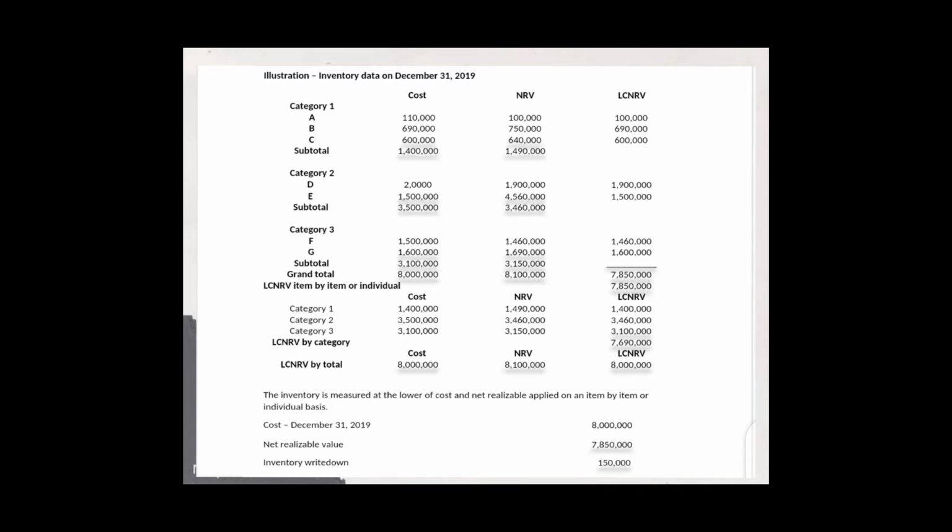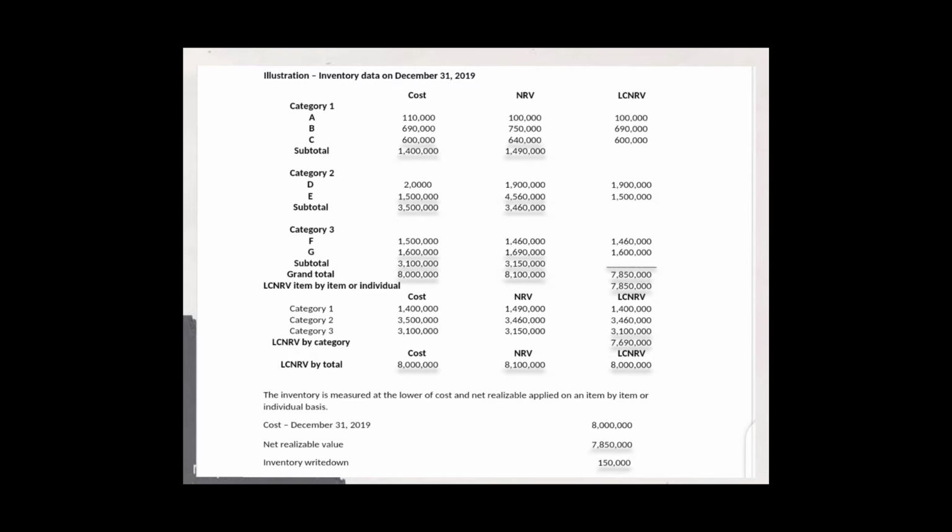So, ito yung sinasabi na dapat item to item na kino-compare kung ano yung lower, cost ba or NRV. Kunyari, 1,100 na cost, 100 na NRV. So, dapat ang LCNRV is 100,000 in category A na inventory.